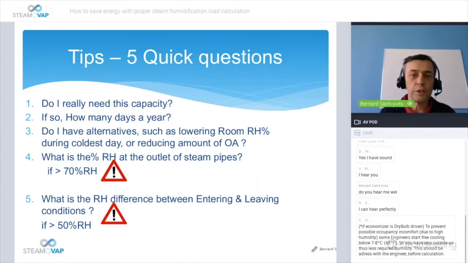So the 5 questions that, again, we are pushing a lot to the engineer community. Do I really need this capacity? And this is not typical from a manufacturer of humidifiers to tell an engineer this, because we like to sell bigger, the bigger the humidifier, the happier we should be. Not necessarily.